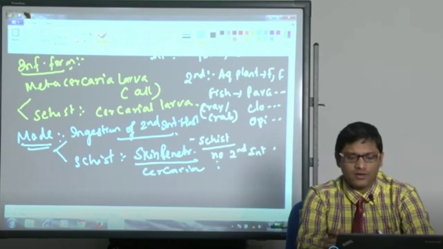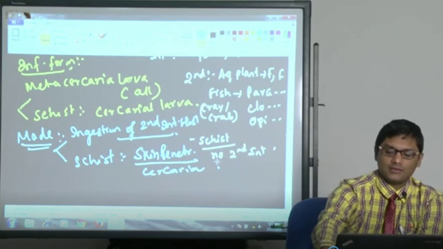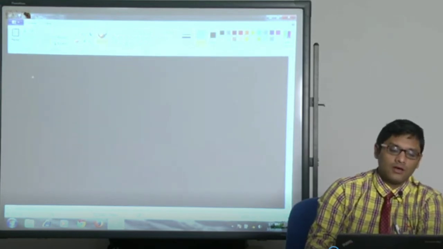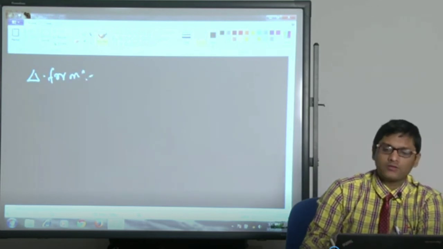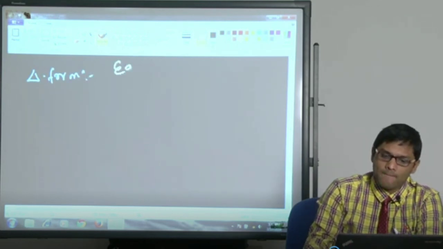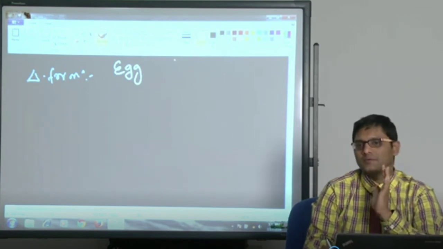Okay, so this is how you have to remember the life cycle. The diagnostic form is the egg. Only the specimen is different.